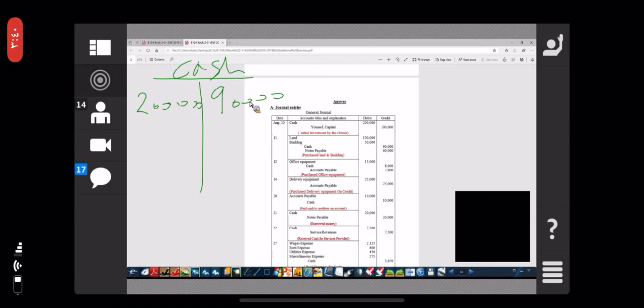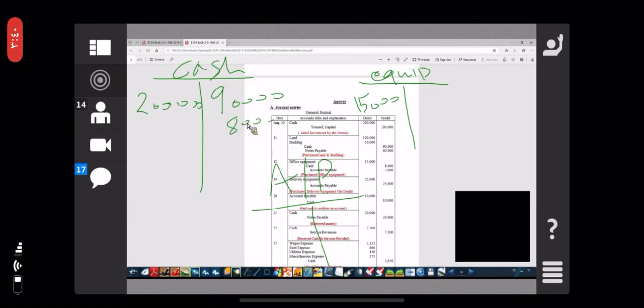We need to open account payable and equipment. Equipment and account payable, T account, same treatment. Equipment, credit or debit? Debit, amount 15,000. So you will put it here, 15,000. Okay. Cash credit 8,000.